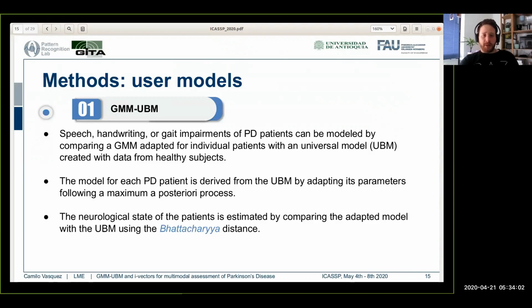The model for each patient is adapted from the UBM following a maximum a posteriori adaptation process. Then, the neurological state of patients is estimated by comparing the adapted model with the UBM using a distance measure. We use the Bhattacharyya distance, which considers differences in the mean vectors and the covariance matrices between the UBM and the user model.